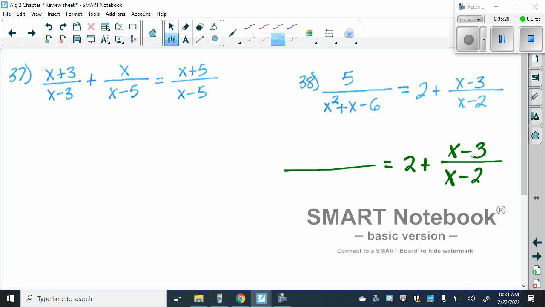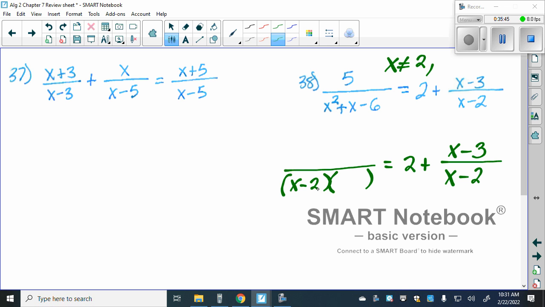Because for here, we can tell x cannot be 2 because of the x minus 2. We'll need to factor our x squared plus x minus 6 to see what the other one is. Well, what I'm hoping, and would be nice, is if one of them was an x minus 2, because it would give us less to multiply.